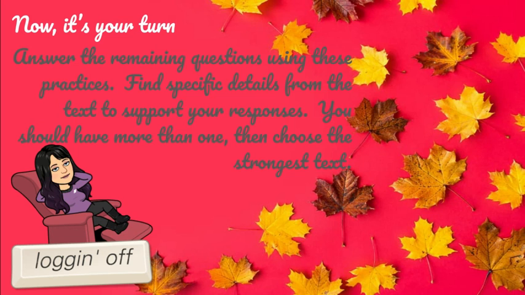So I should see that you have a couple of pieces of evidence, and then whichever is the stronger piece of evidence, that's the one you put in your answer with an explanation of why it is the strongest answer. If you do not do all of that, you will not get credit for the question. So you need to find at least two pieces of evidence that support your response. Choose the stronger of the two and explain why it's the stronger of the two.